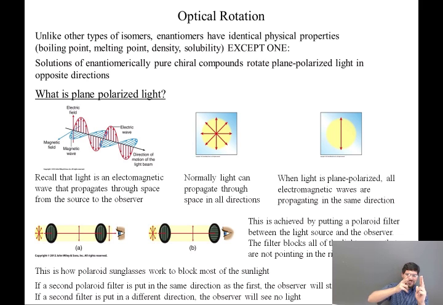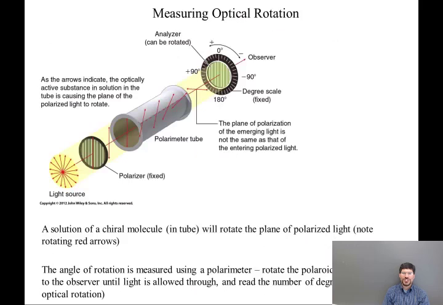However, if a second filter is put in a different direction, the observer will see no light in case B. The reason for that is the waves that are propagating straight up and down and can make it through the left-hand filter are now in the wrong orientation to be able to make it through the right-hand filter. This principle is the basis for how we measure optical rotations.